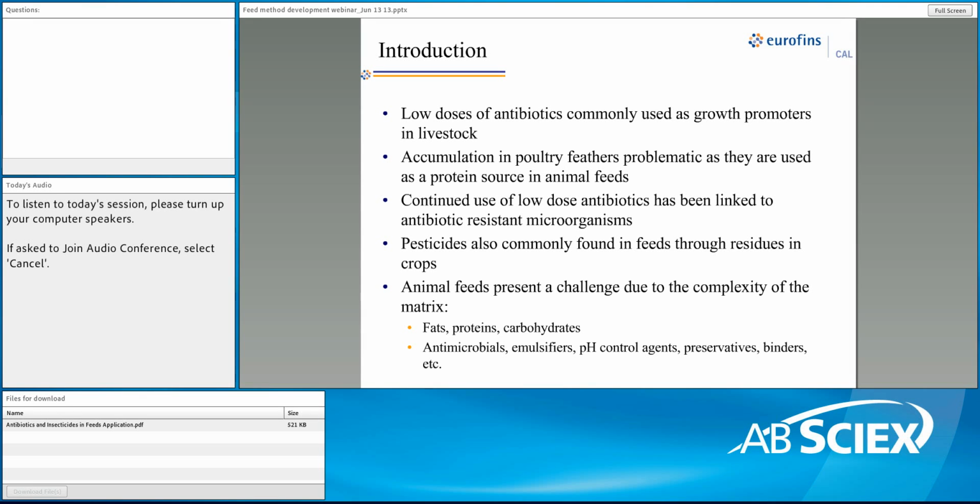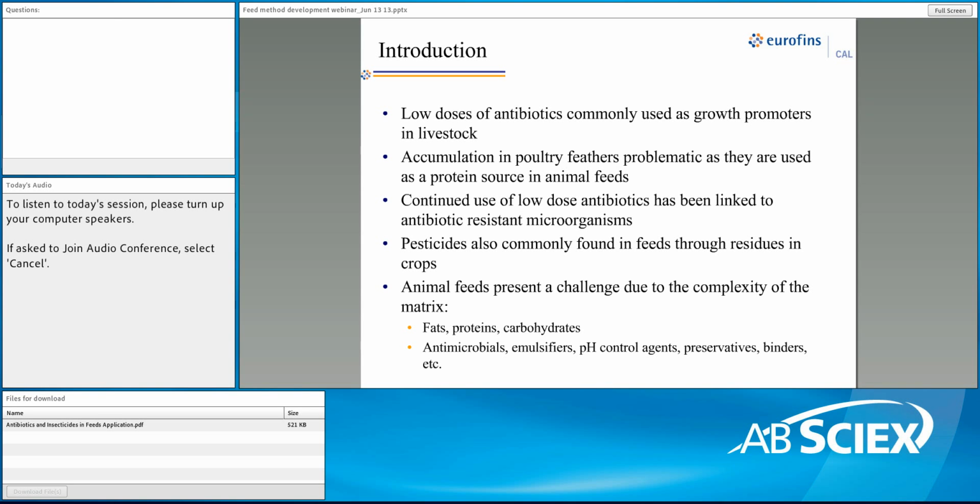This is a concern because the poultry feathers are commonly used as a high protein source in animal feed, such as poultry meal and feather meal. The interest here is that the low-dose antibiotics have been linked to the production of antibiotic-resistant microorganisms, which can impact both livestock health and potentially human health.